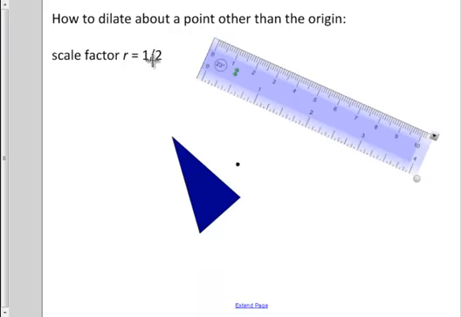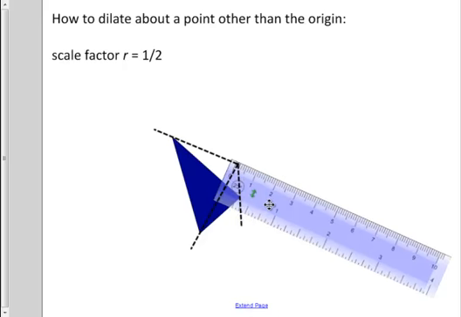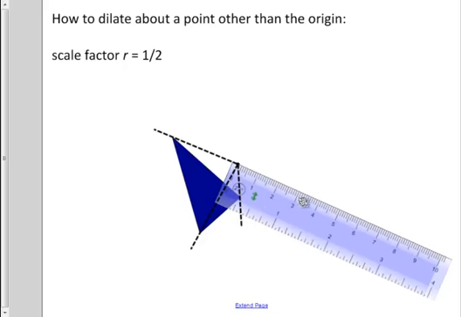Okay, in this situation, we're going to do something very similar, except the scale factor is only 1/2. I don't even need to go past the vertices. As you're probably already aware, 1/2 is going to lead to a reduction. So I'm actually going to measure, and this is going to seem kind of ridiculous, but I'm going to measure halfway to each vertex.